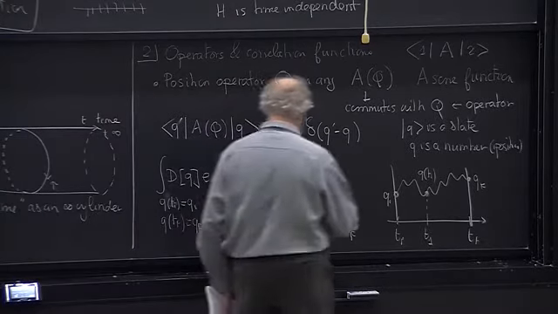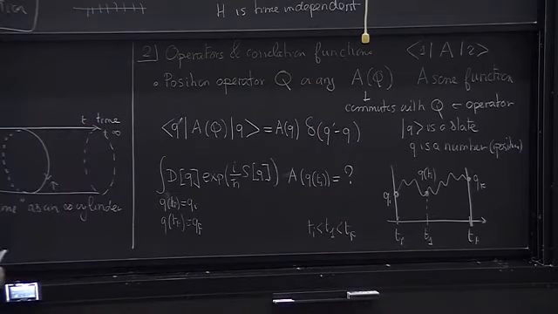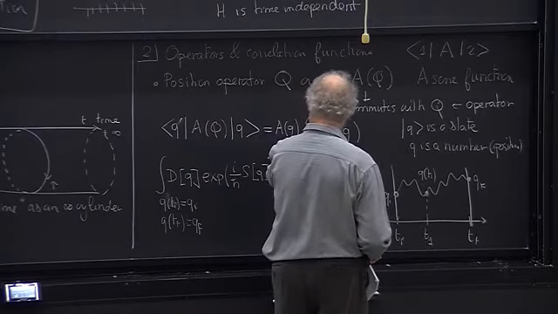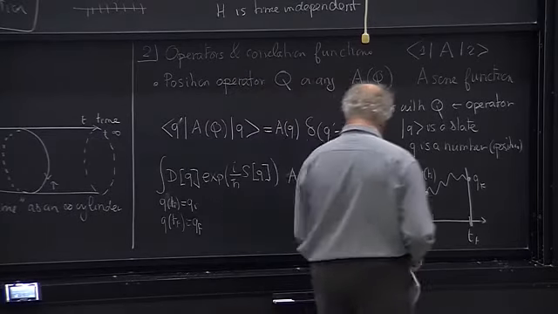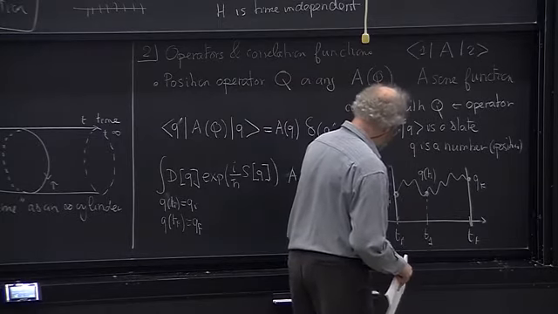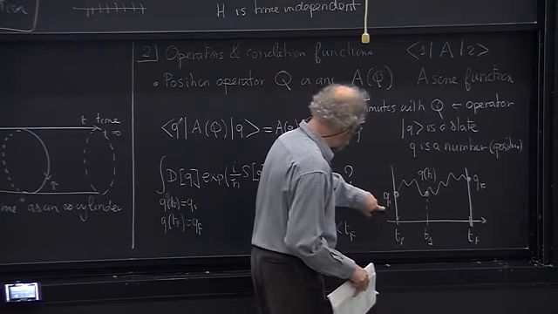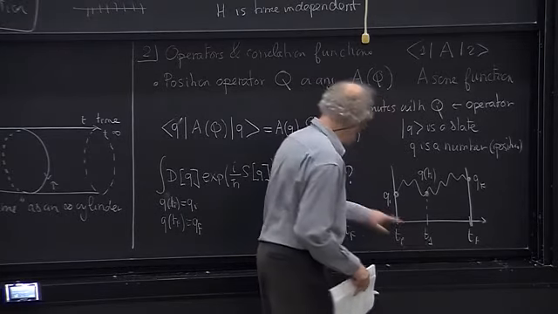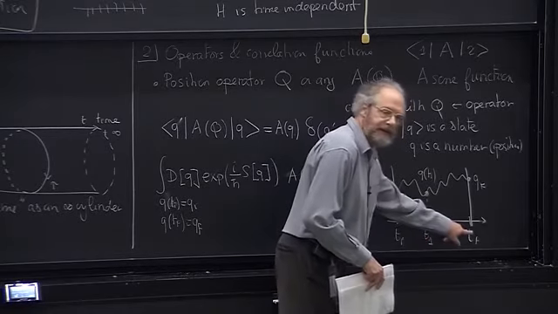So what is this object? Well, you can use this formula by separating this path integral into two path integrals. You separate it as a path integral between t initial and t1, times A of q of t1, and then a path integral between t1 and tf.